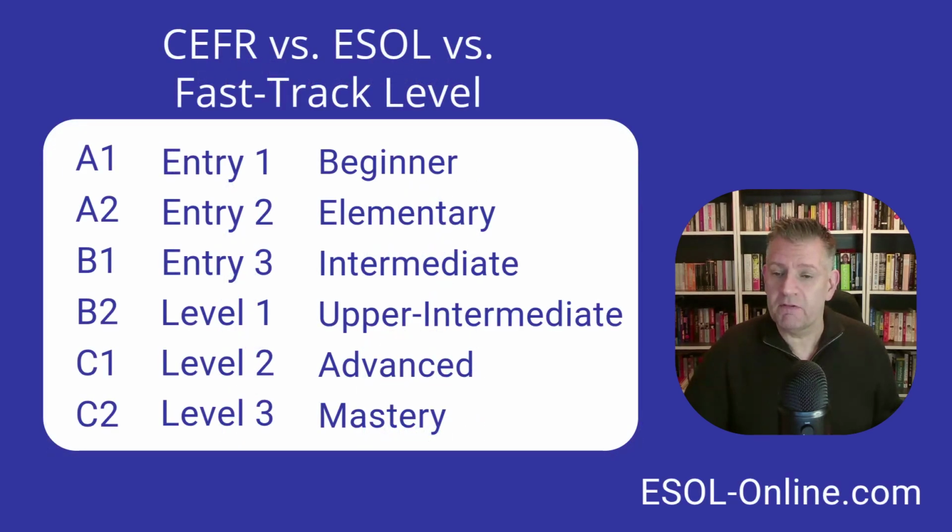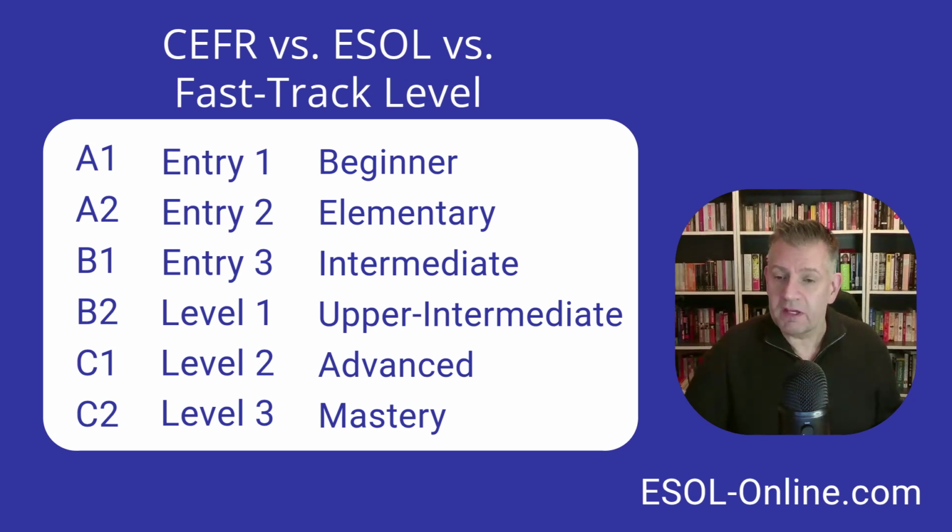And if you're going to be studying a fast track course with me, if you're already doing a fast track course, then these are the levels in relation to fast track. So we start with an elementary level, intermediate, upper intermediate. That is the level you would be in the Common European Framework and in ESOL.